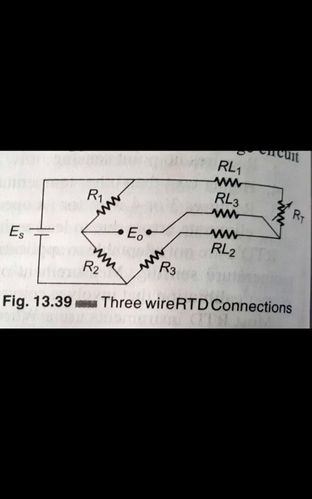The 4-lead RTD is the most expensive type, especially when long extension leads are needed to connect to the instrumentation. It can offer the greatest accuracy if the instrumentation is properly designed, and is widely used for laboratory work where the highest precision is required.